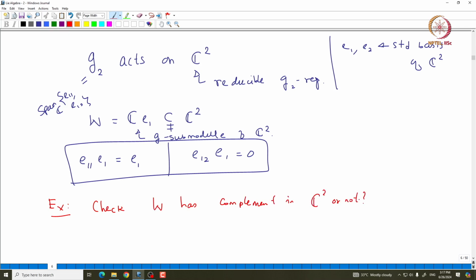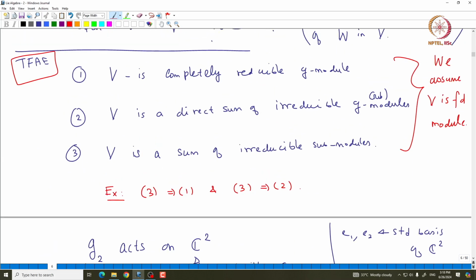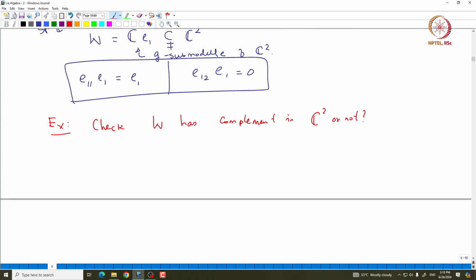Okay. So, basically you can check whether C2 is completely reducible or not. If for example, W does not have a complement, then that will imply immediately that C2 is not completely reducible, okay, because by definition of completely reducible, you need to have a complement for all of them.